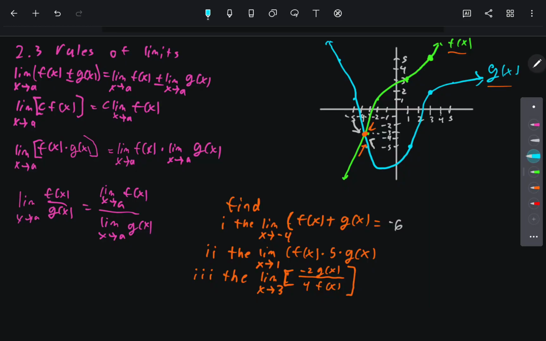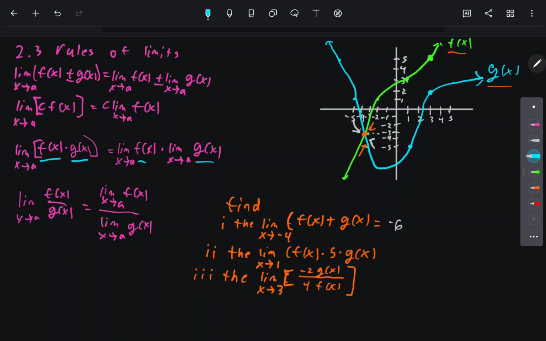Alright, continuing on, we also have the limit as x approaches a of a function times a function is equal to the limit of the first function times the limit of the second function, which is also just technically invertible if you so wish.